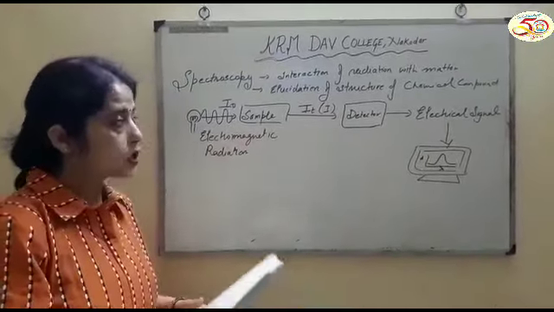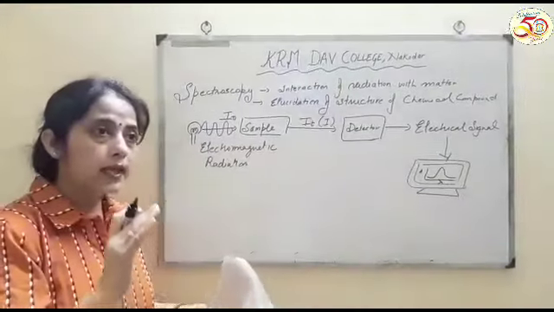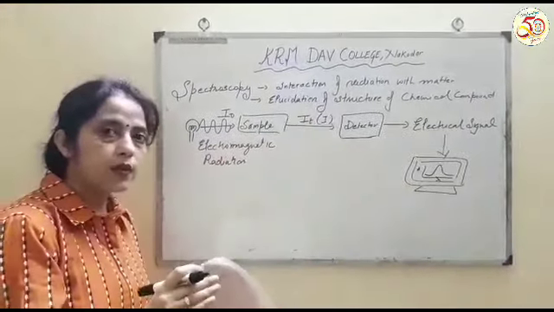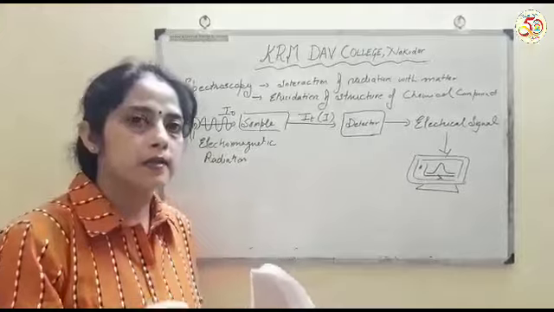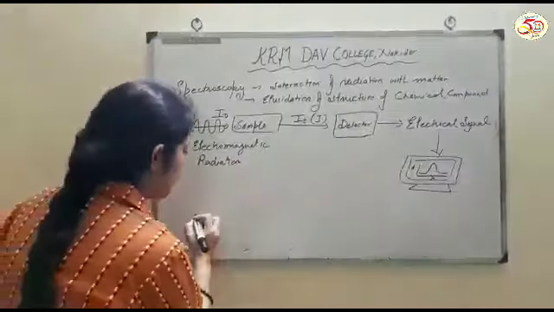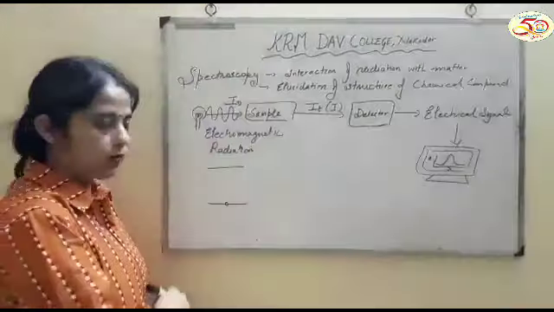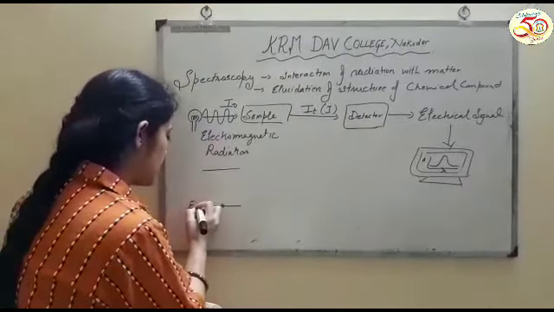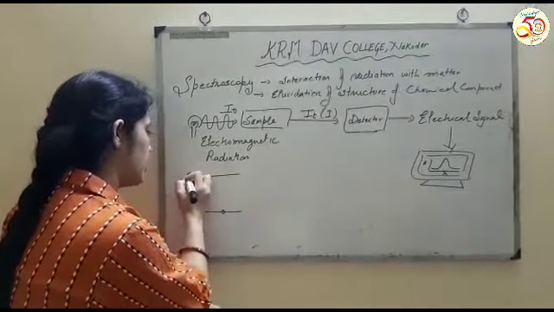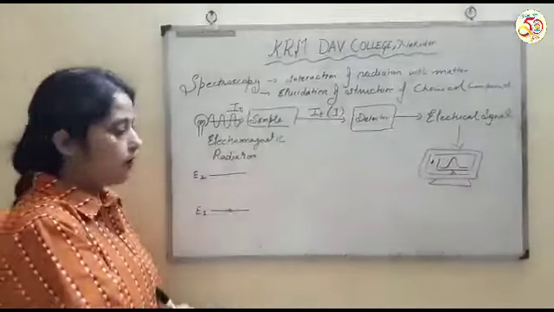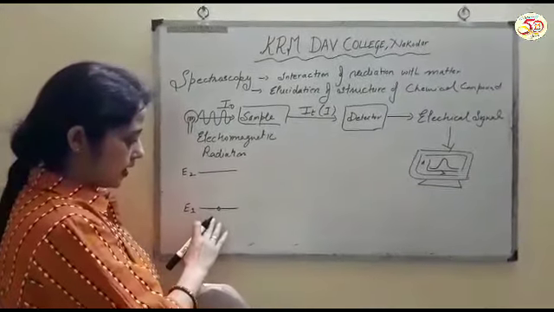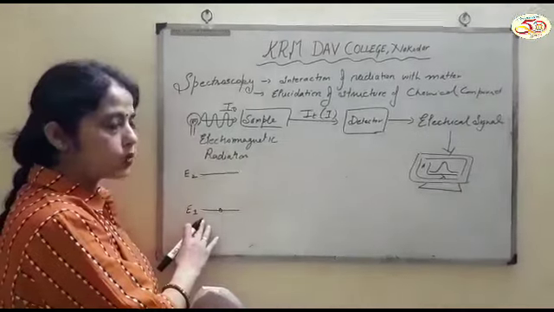Electromagnetic radiation actually carries energy. That energy gets transferred to the electron present in the molecule. Initially, electrons are present in the ground state. Ground state is the lowest energy state. When we have not provided any energy, the electron remains in the ground state.